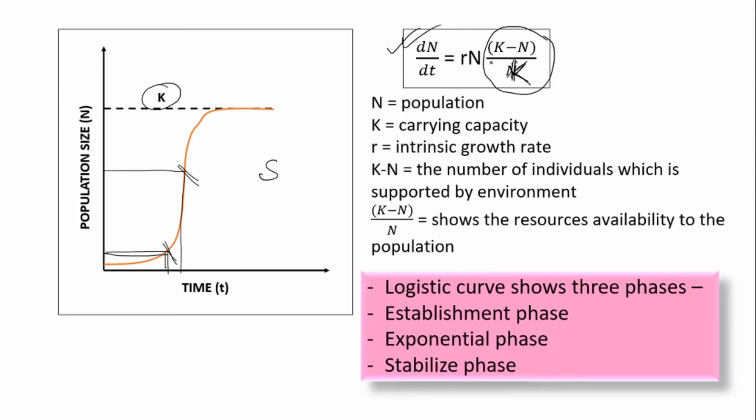This term is known as the resource availability to the population at a specific time, and K minus N is the number of individuals which is supported by the environment at a particular time. As we know, r is the intrinsic growth rate, K is the carrying capacity and N is the population.